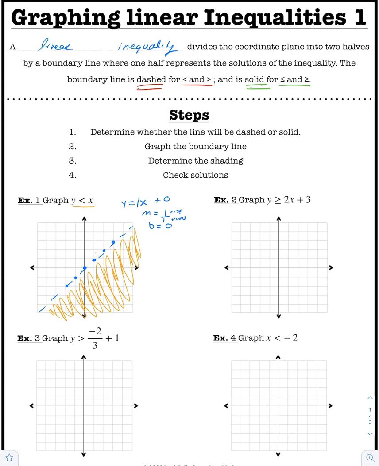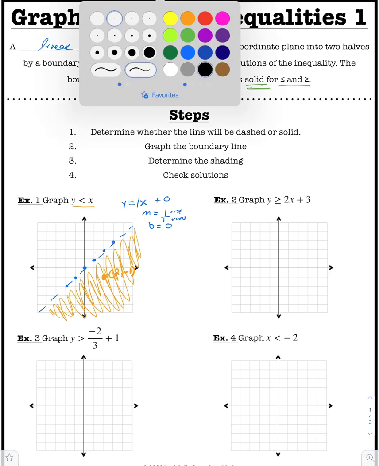So our last step is going to be, let's check a point to make sure we shade in the correct direction, right? Let's say we have this point right here, and this point looks like it is (2, -1).